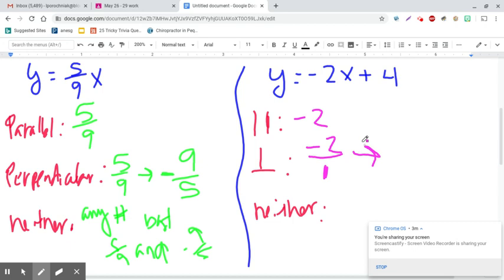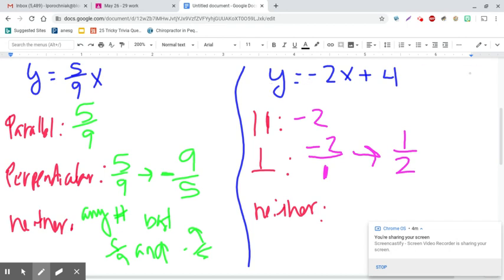Now, this is negative, which means that our answer is going to be positive. We're going to move this up top, move this to the bottom, so we get a positive 1/2. So any equation with a slope of 1/2 would be a perpendicular line to that line.